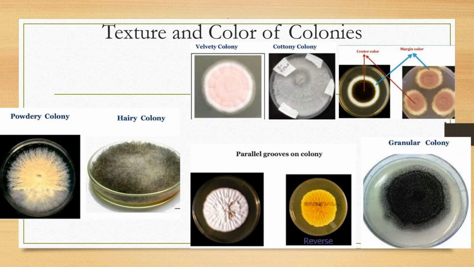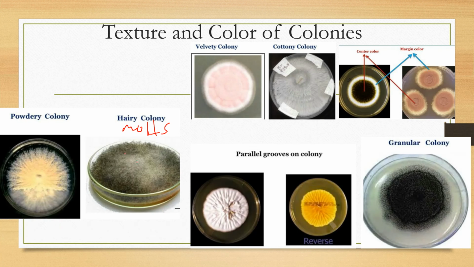And these are the different textures and colors of colonies, class. If you take a look, this is how you would appreciate the different parts of the hyphae: the vegetative, the reproductive, and the aerial. Imagine if it's a hairy colony, most likely these are molds.